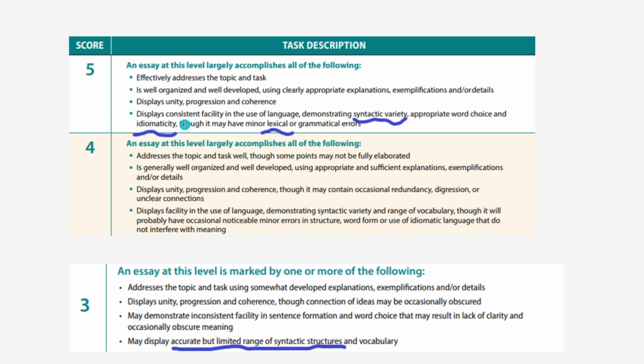Now the last part, that is where both students and teachers really struggle to understand what this means. It says that a level 5 essay, a perfect essay, displays consistent facility in the use of language, demonstrating syntactic variety, appropriate word choice, and idiomaticity, though it may have minor lexical or grammatical errors.